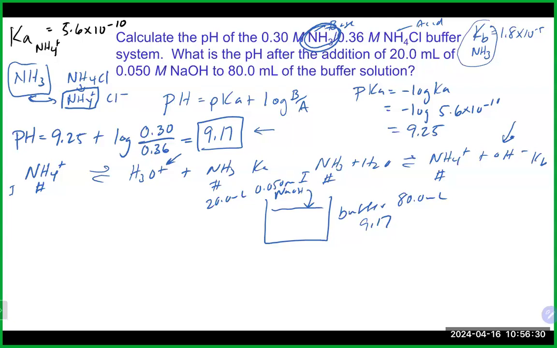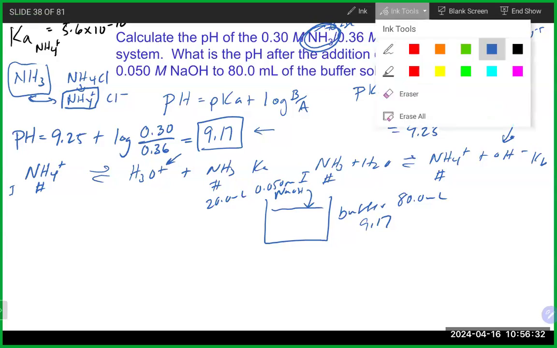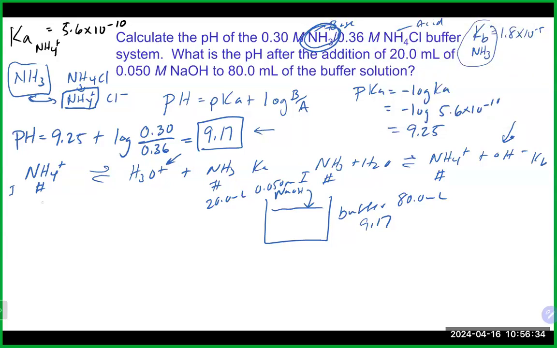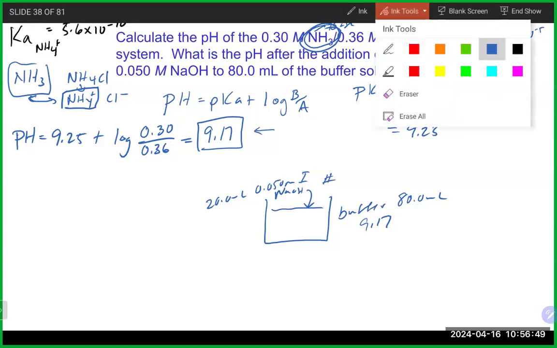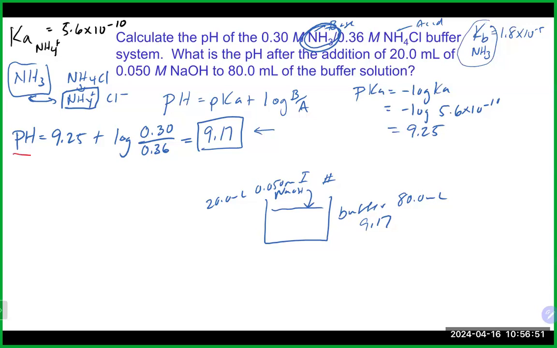So right off the top here, we may want to just calculate some moles of each of these guys. So we really need the moles of everybody that is present. So that would be both our buffer components and also the moles of what we are adding in this case.